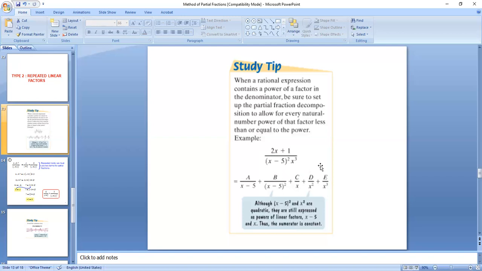The repeated linear factor could even be in the simplest form, simply x cubed or x to the 4th or x squared. What do you do? You also assign individual partial fractions in here, wherein you have one for x squared and one for x cubed. So all in all, since your denominator here is 5th degree, expect 5 partial fractions as its equivalent.